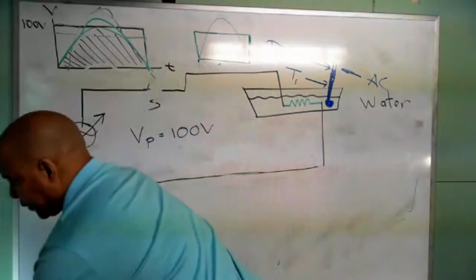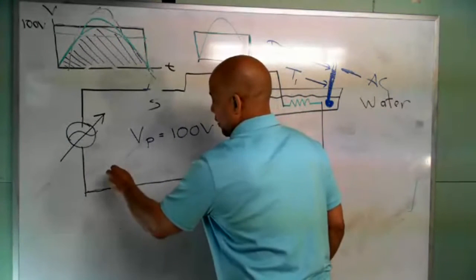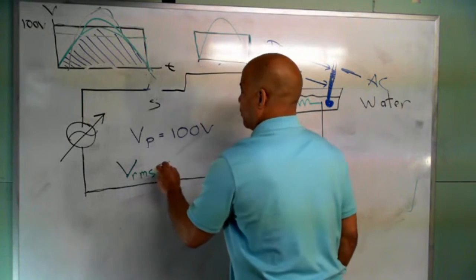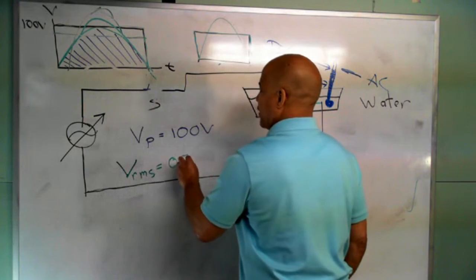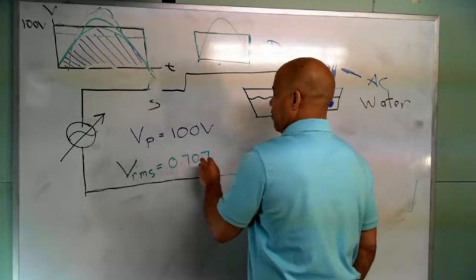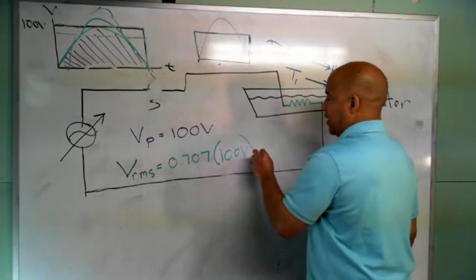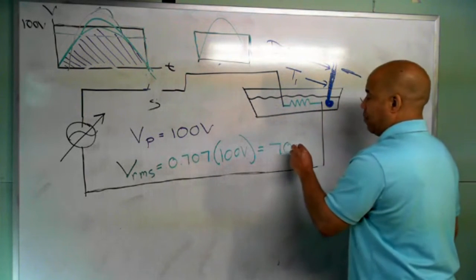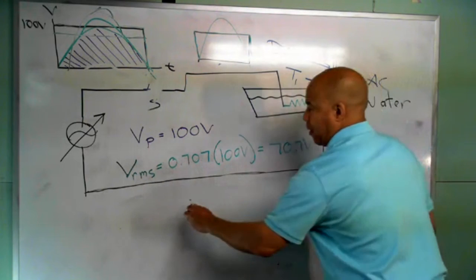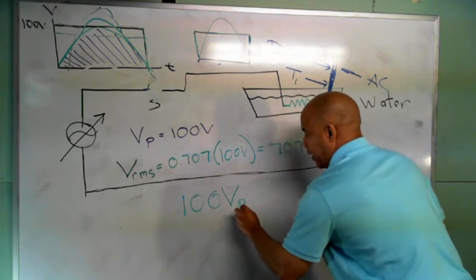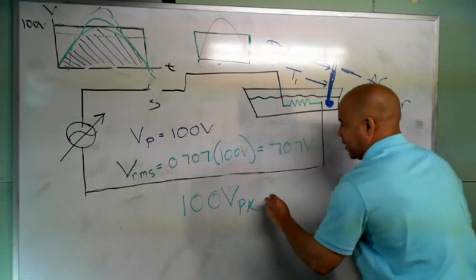You say VRMS is equal to 0.707 times the peak value. Peak value is 100. That's going to give me 70.7 volts.